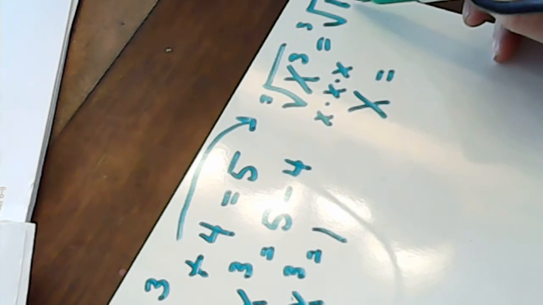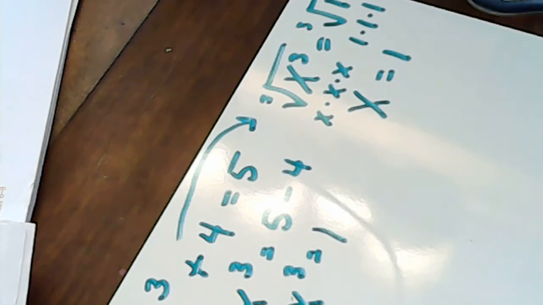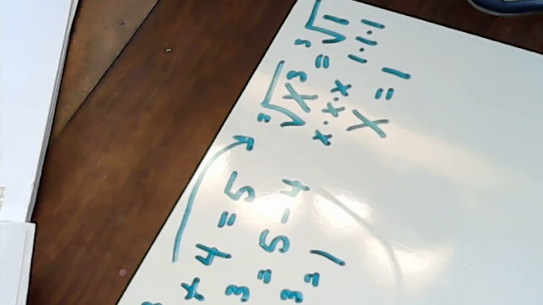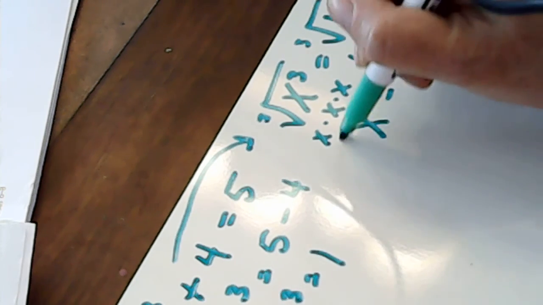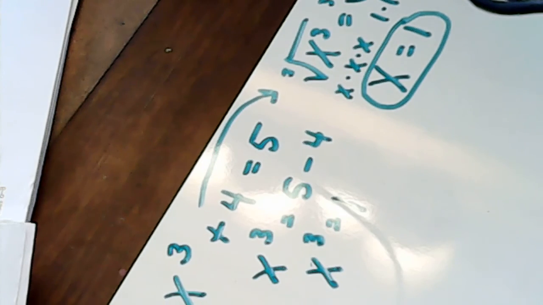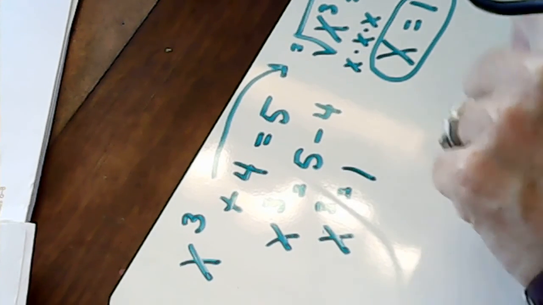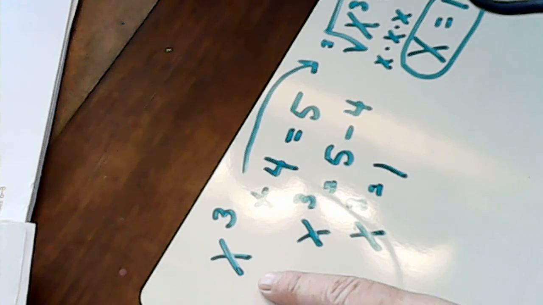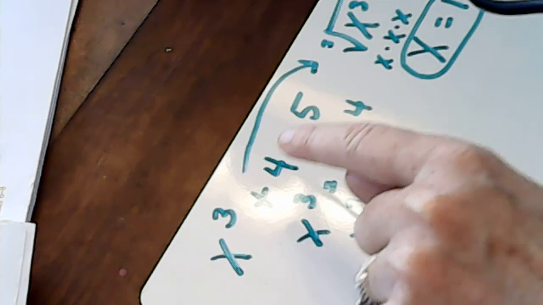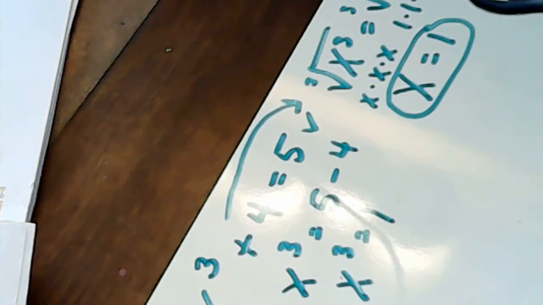Hopefully you know that 1 times 1 times 1 equals 1. So the final answer to this equation is x equals 1. And you can substitute 1 for x: 1 times 1 times 1 is 1, plus 4 equals 5. Yes, it does. Boom.